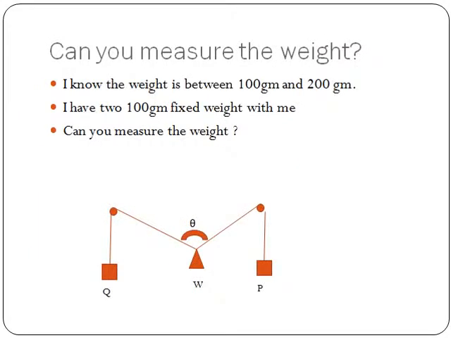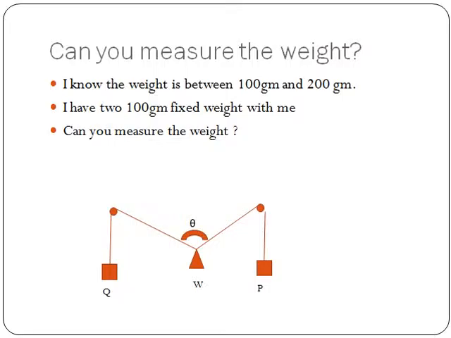Now we have to understand the physical concept of the parallelogram law. You are given a fixed weight of 100 grams and a fixed weight of 200 grams, and you know that your unknown weight W lies between 100 and 200. So with these two stones, you can find the weight of the unknown.